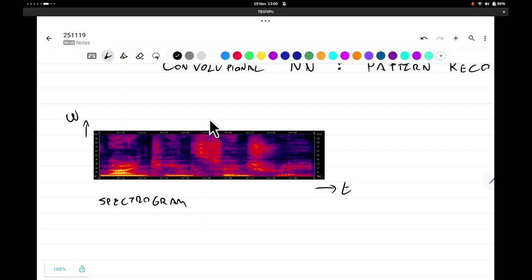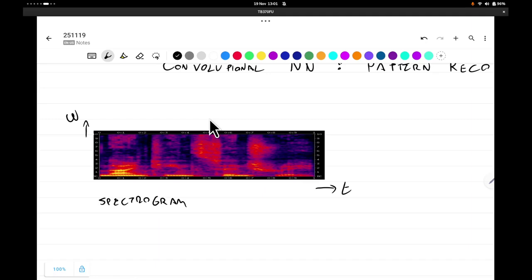Let's say that one is recording some ambient noise, but let's say that there is some speech. What you would see is some frequency patterns appearing over time, and then you want to recognize in such a spectrogram if somebody has uttered some word, say welcome.